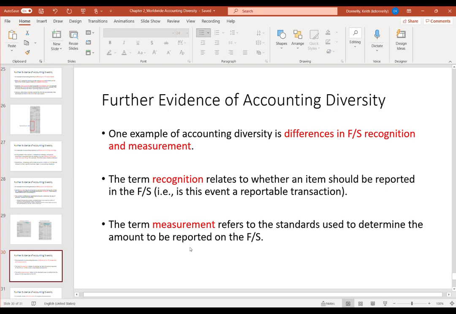Measurement would then tell us how much we put that on the balance sheet for. So hey, maybe historical cost, right? So these rules for recognition, something that happens that requires you to do a journal entry and report it on the financial statements, as well as measurement, at what amount, can differ between countries.